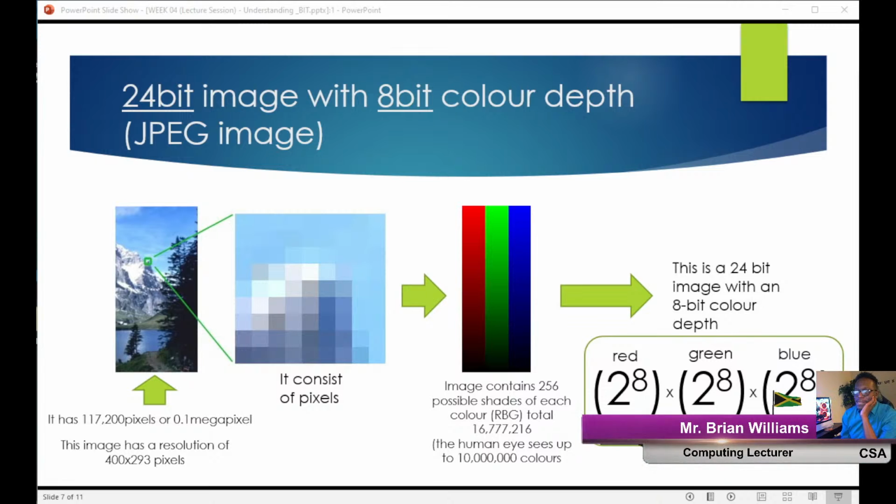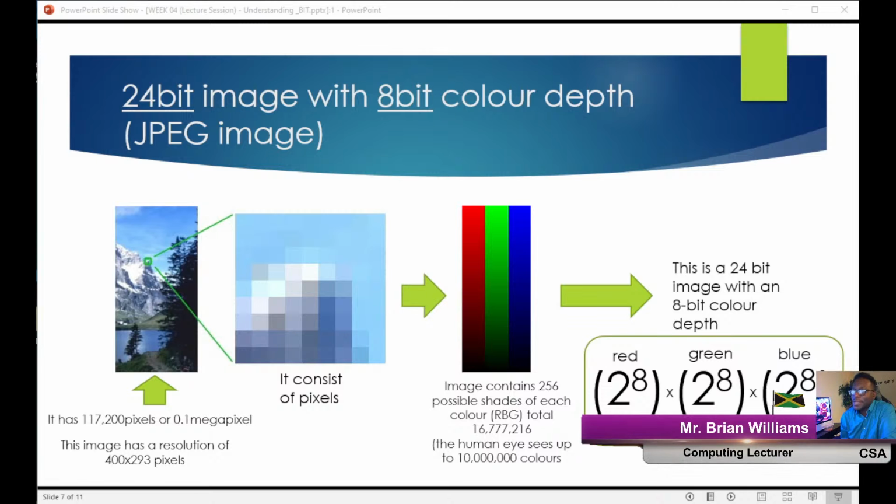Then it is mixing that pixel over another pixel that is between completely black and completely green, and then mixing another one that is between completely black and blue.